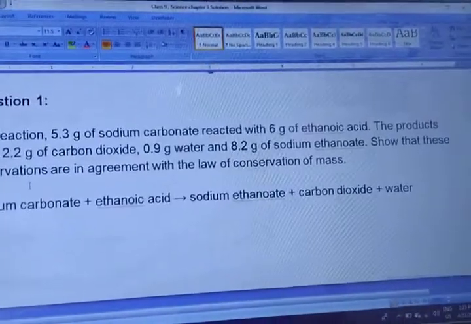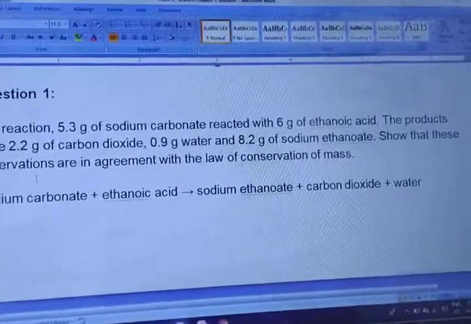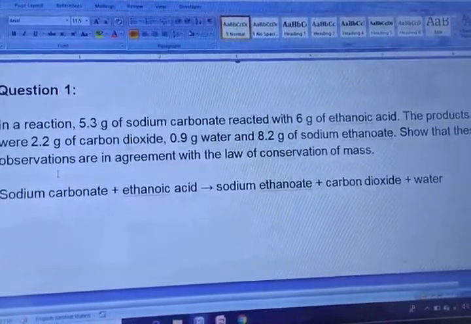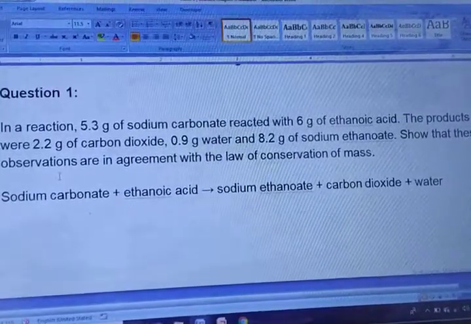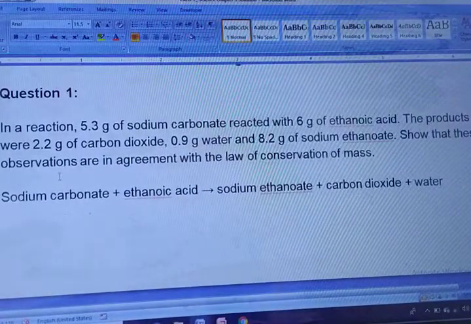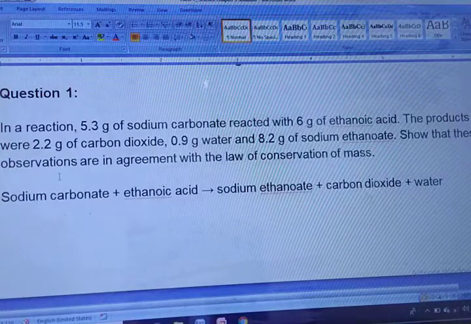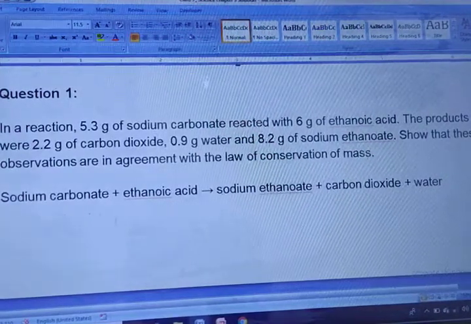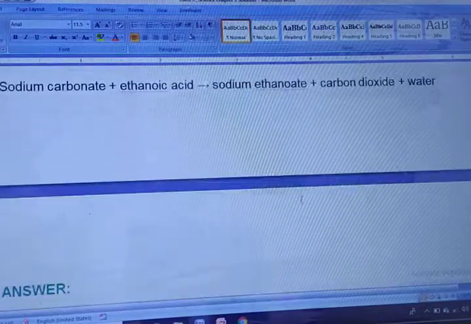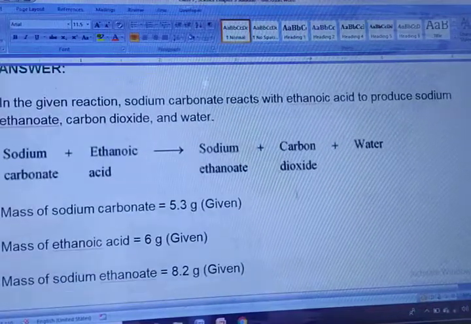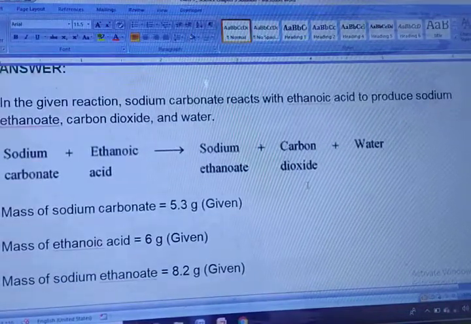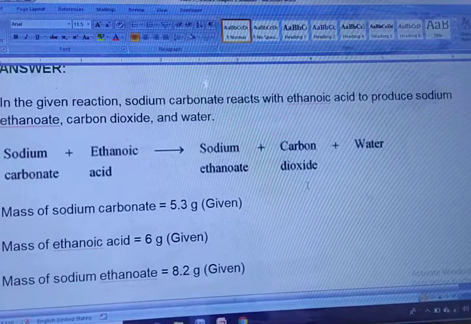So you can see in this video, as I have written the chemical equation, from that you can write it. Sodium carbonate plus ethanoic acid gives you sodium ethanoate plus carbon dioxide plus water. This is your reactant side, this is your product side. So sodium carbonate reacts with ethanoic acid to produce sodium ethanoate, carbon dioxide and water.